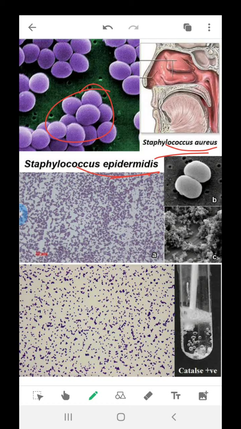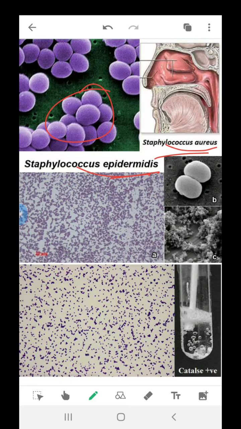Additional components of the cell wall include lipoteichoic acid and a family of structurally related surface proteins that facilitate bacterial adherence to host cell structures. These surface proteins facilitate attachment to molecules found in the extracellular matrix, including fibronectin, fibrinogen, and collagen.